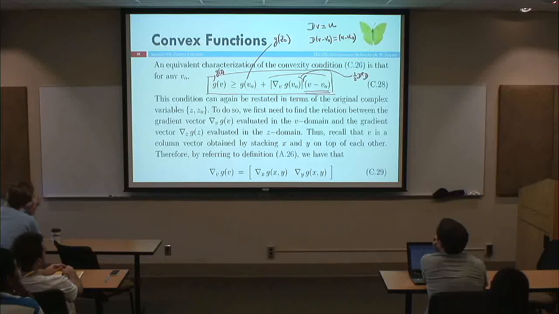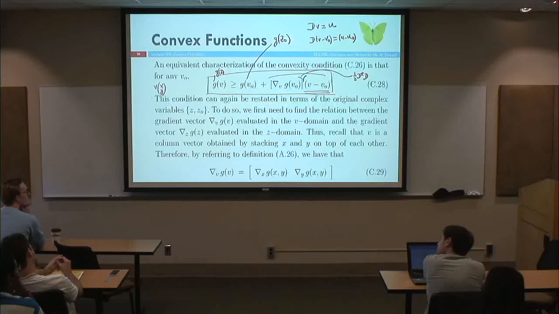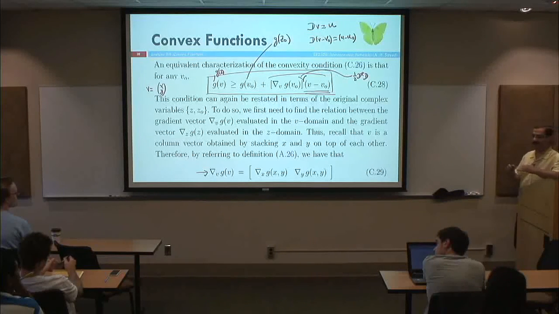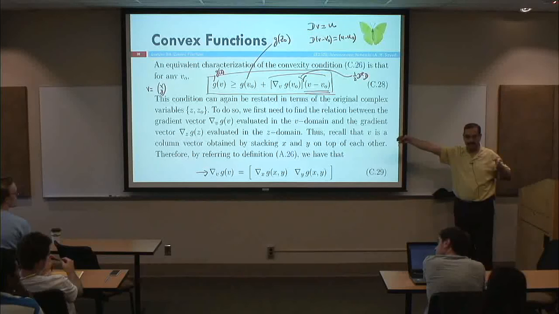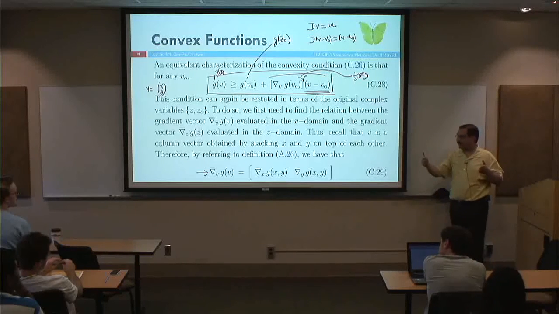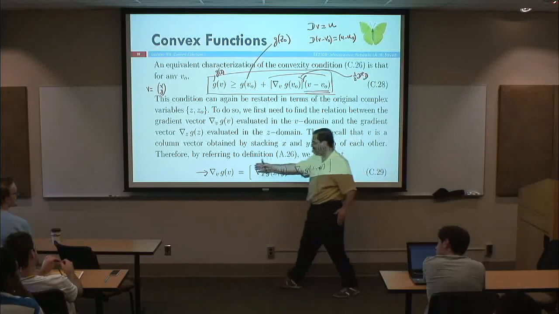What about the gradient relative to V times D star? Let's look at that. Remember that V is the column vector xy. So V is a column. When I compute the gradient relative to V, I'm going to get a row, right? And remember, how did we define the gradient vector relative to a vector?